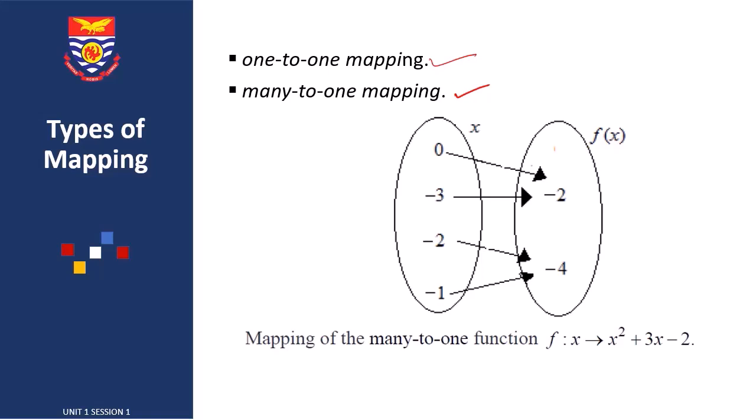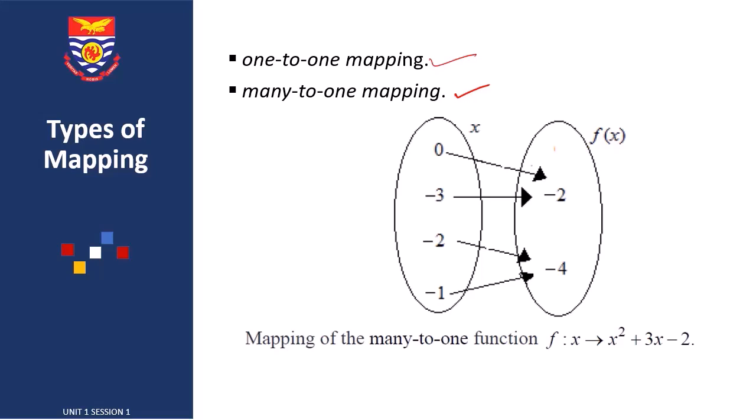All the previous slides we've seen were one-to-one. The first one we saw, the regions and their capitals, is actually a one-to-one mapping. So what then is the many-to-one mapping? For many-to-one, many values of x give the same value of f of x.